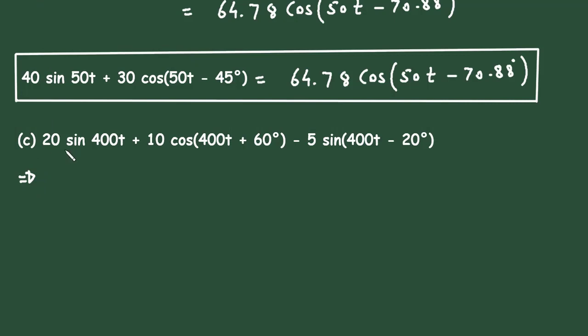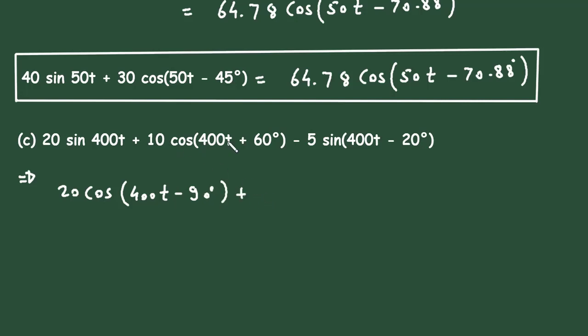Solution. Now here again this is given in sine form. So it will be 20 cos 400t. Now since we change from sine to cos, we have to add minus 90 degree to it.